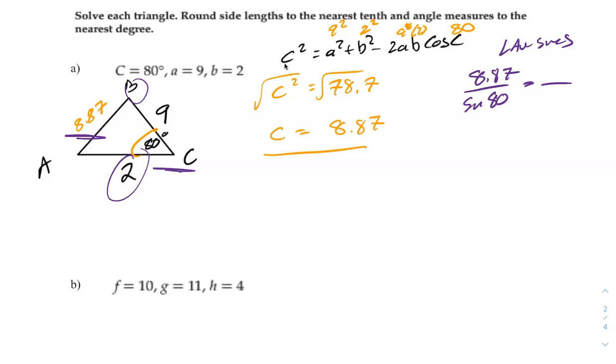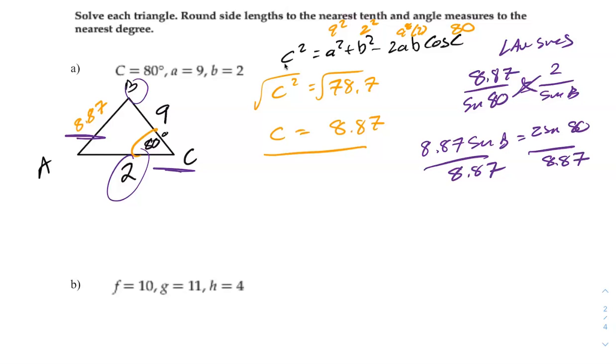Anyway, I plug this in. So I'm looking for a small one first. So 2 over sine of B. Cross multiply: 8.87 sine of B equals 2 times sine of 80, divided by 8.87.